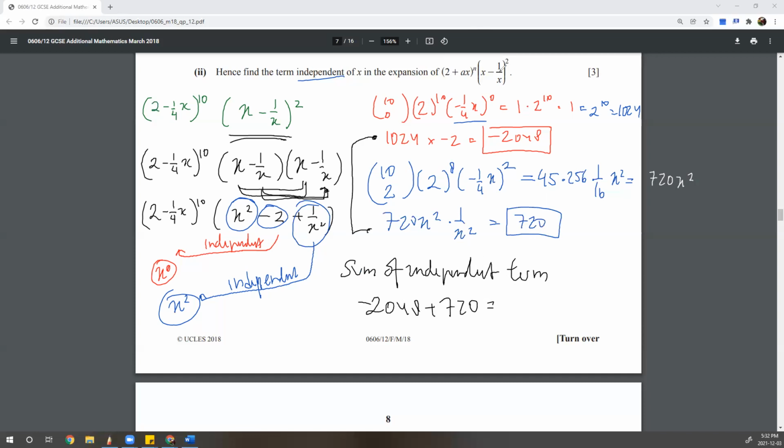So the independent term of the expansion will be, you don't have to do everything, you just find the specific term, independent. So negative 2048 plus 720, negative 1328.